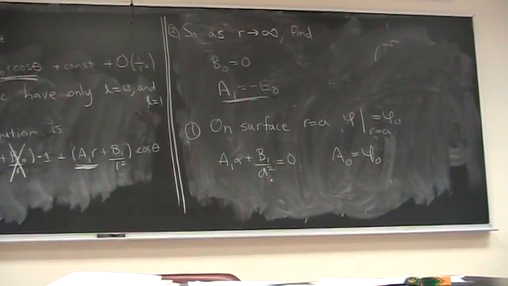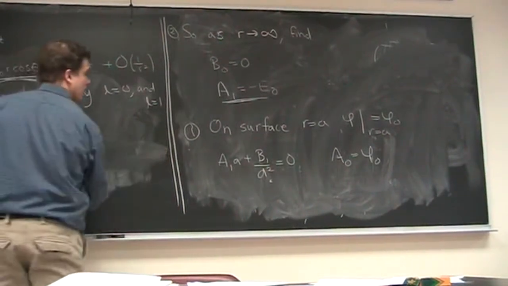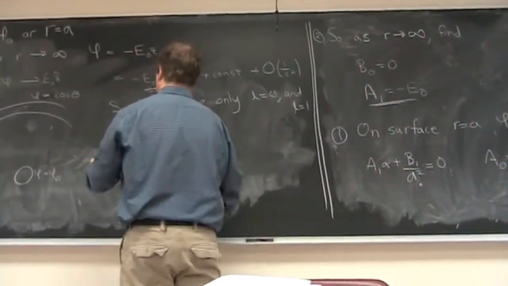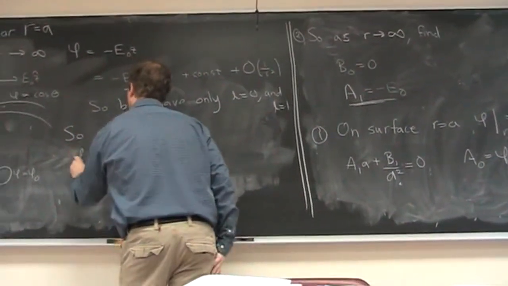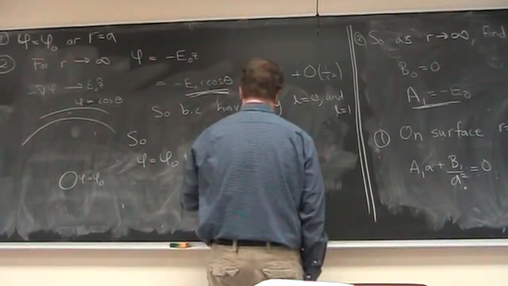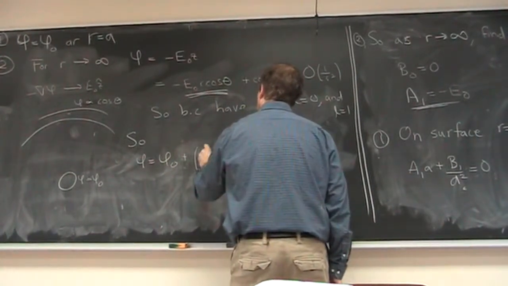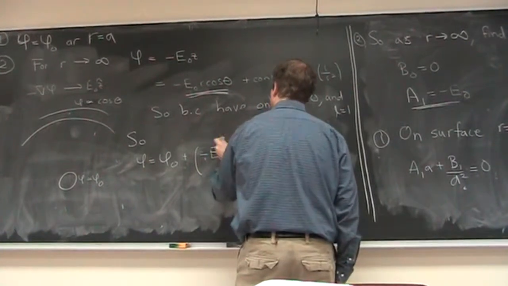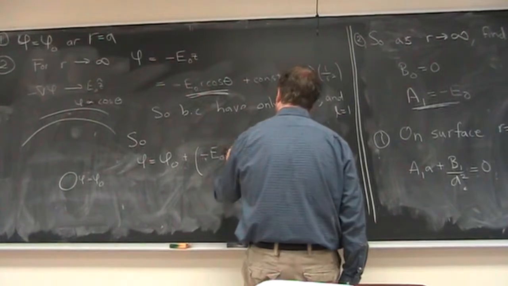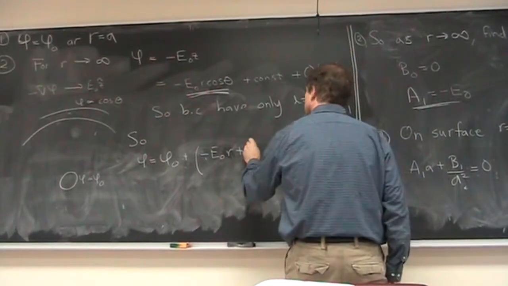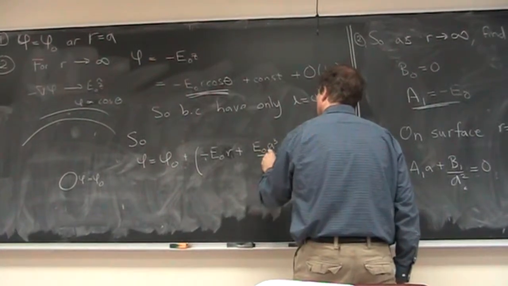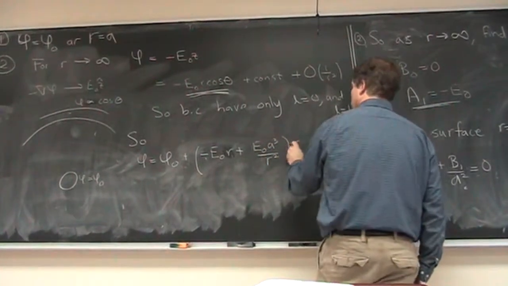That fixes all the remaining coefficients, so you can go ahead and work out the solution. So the final solution: phi is equal to some constant phi naught, minus E naught r, and I can solve for B, which is E naught a cubed over r squared, times the cosine theta.